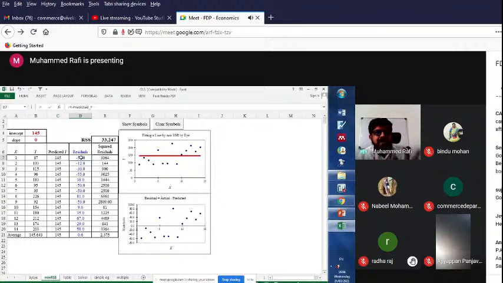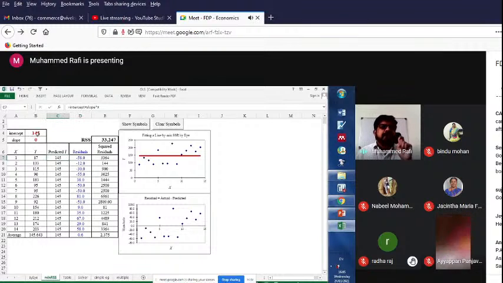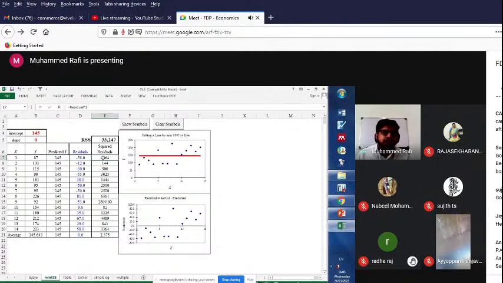This is nothing but the actual value minus the predicted value. The predicted value you calculate as your beta 0 plus beta 1 multiplied by xi. So you calculate the error and you take the square of each error, and you take the sum of those errors. That is sigma ui square.